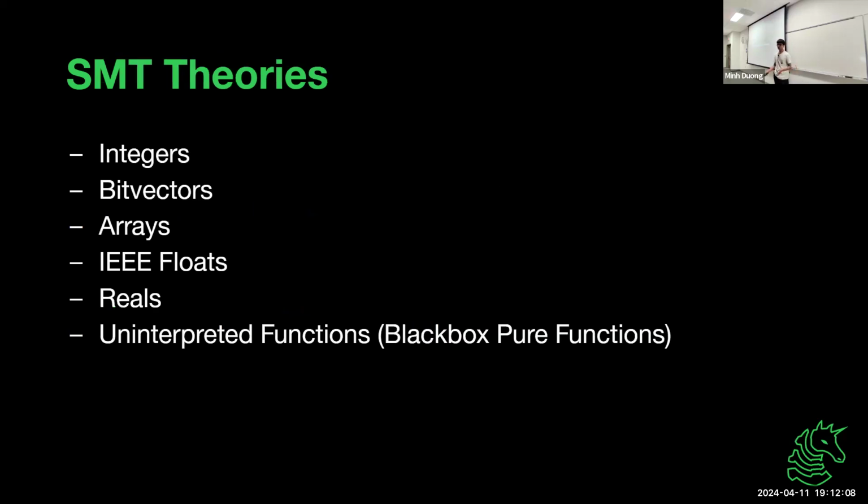Okay. So theories: you have integers, where mathematical integers behave as you would expect. Then you have bit vectors, which is what makes theories important. If you have variables in a C program, they don't actually behave like integers. Even though you can do the same operations like addition and subtraction, they have different behaviors.